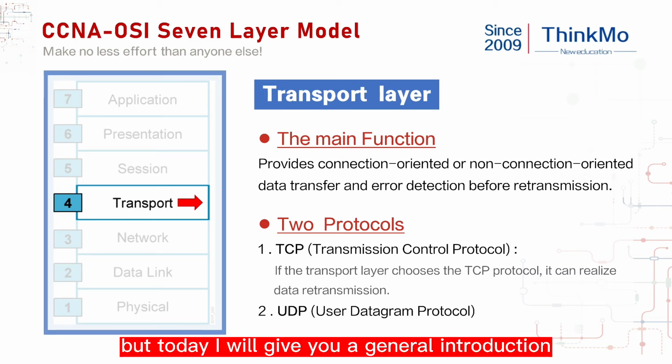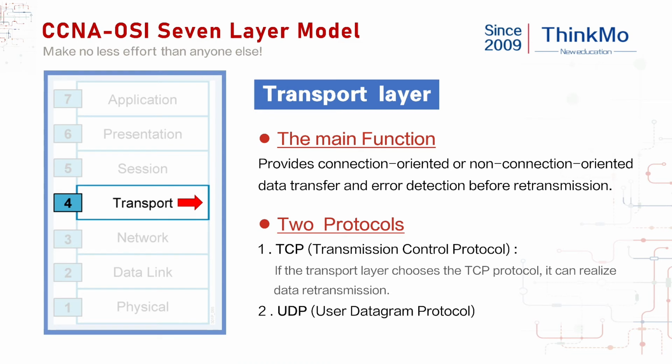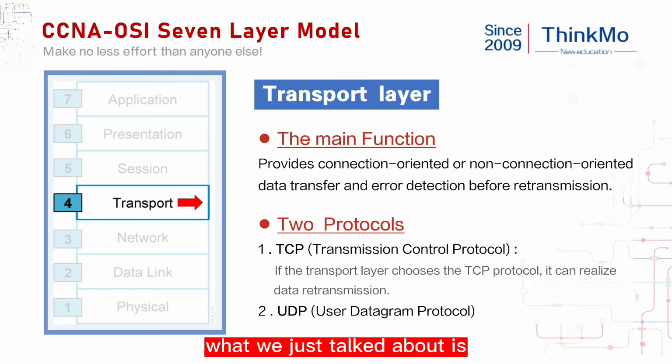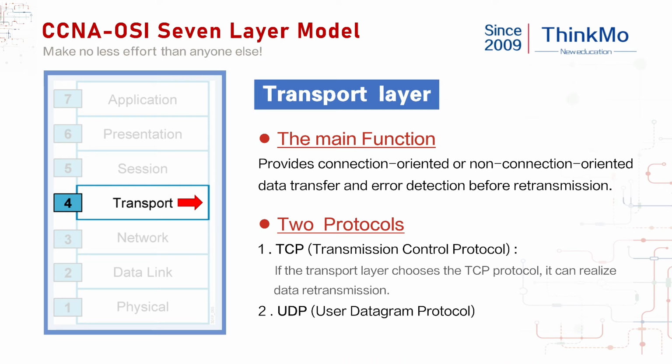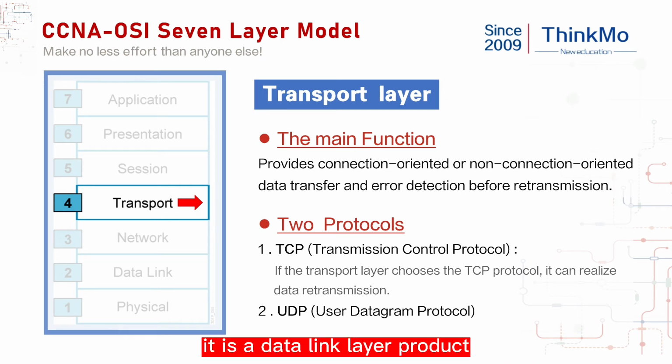But today I will give you a general introduction, that is, what function it can achieve. That is one of them. Then there is another. What we just talked about is that for the data link layer, we can perform error detection at the switch. A switch is a data link layer product.